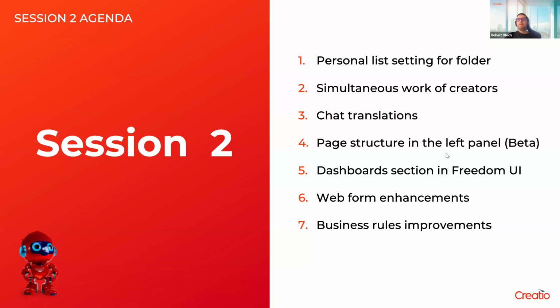And then Matt is going to show you the new beta feature of a page structure in the left panel for the Freedom UI Designer. He will also show you some details on the dashboard section in Freedom UI, and how we can now use the new features of the web form in our landing pages.